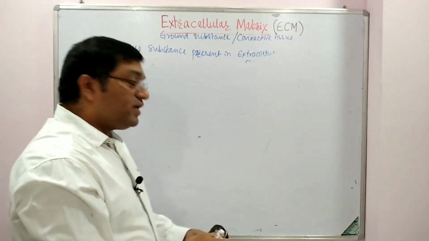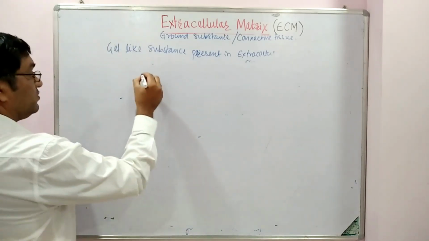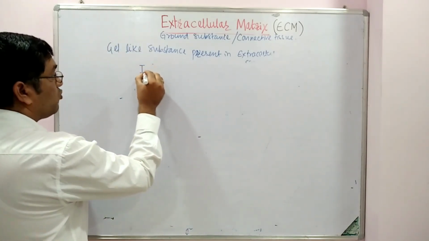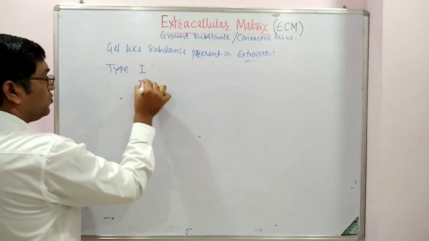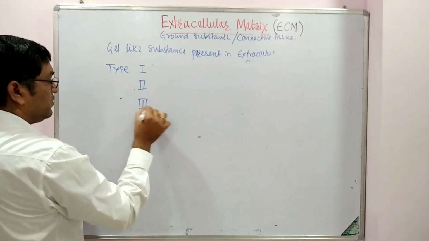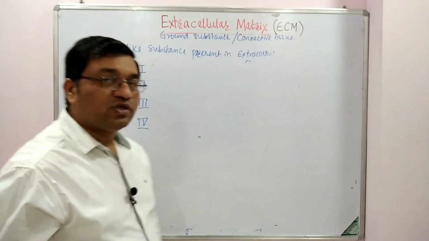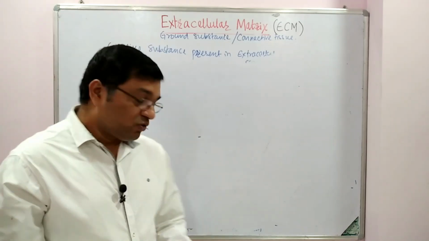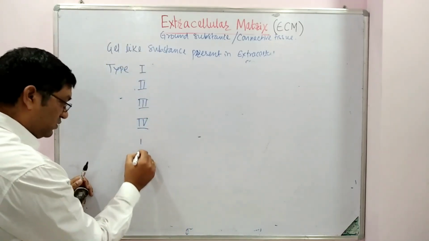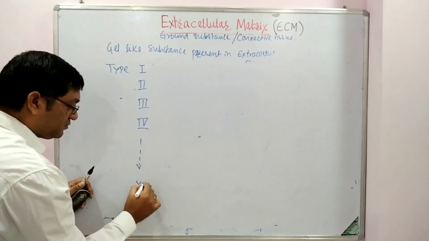These are the more common collagens and constitute about 95% of collagen. Total types: up to 19.